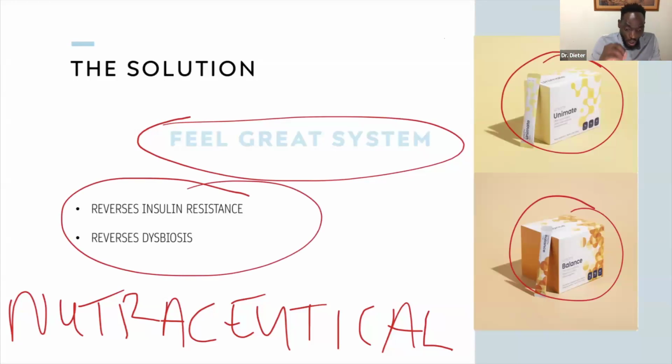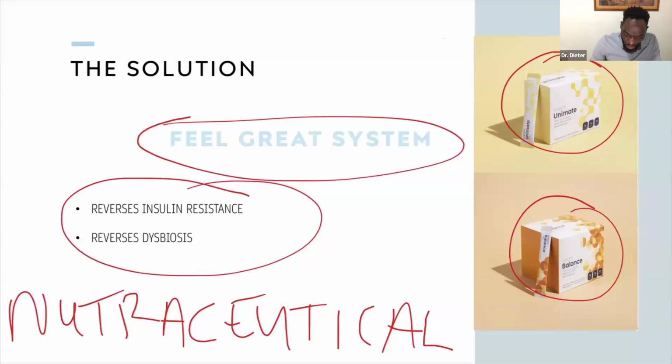Polyphenols are very important in our metabolism. And so when you consume the yerba mate, the polyphenol has one property: it causes you to burn fat. And then we could use that property to reverse insulin resistance.